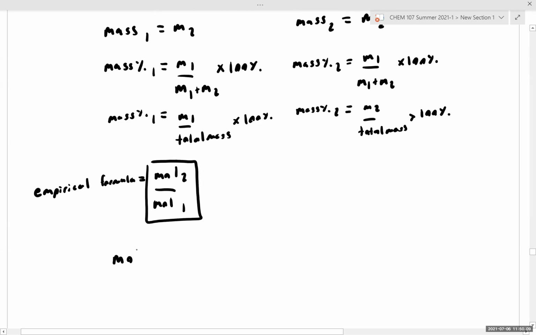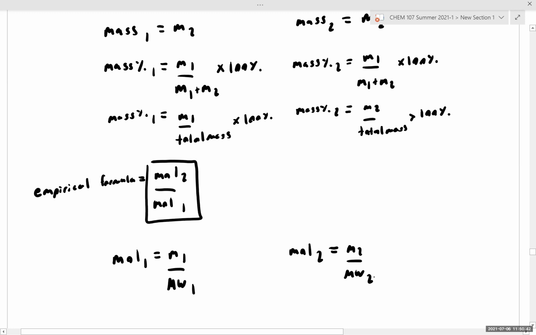Well, we know that the moles of element 1 can be calculated from the mass. So I can take the mass of element 1 over the molecular weight of element 1. I can calculate moles easily from that. I can also calculate the moles of element 2 by taking the mass of element 2 over the molecular weight of element 2.